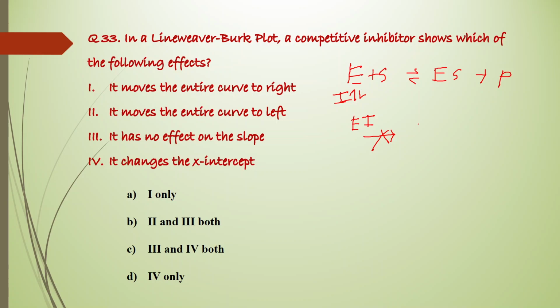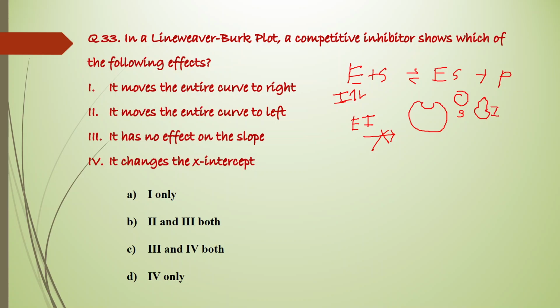So how does it look? Basically, if you have this site for enzyme, suppose this is your substrate and suppose this is your, sorry, my drawing is bad, and suppose this is your inhibitor.